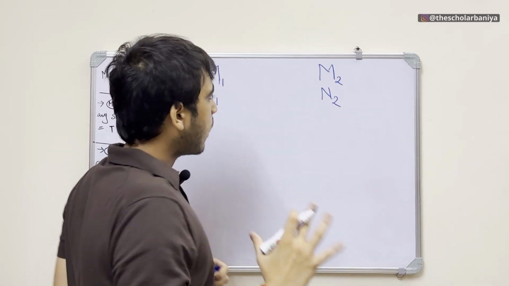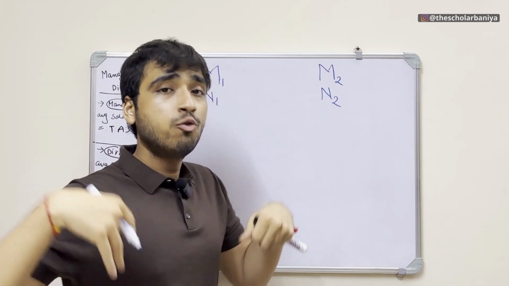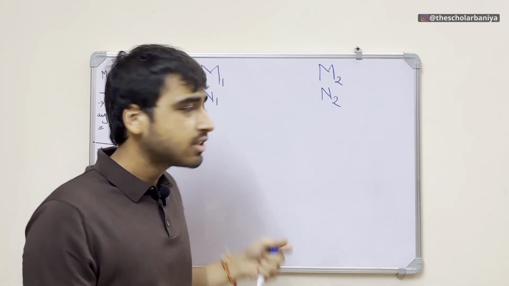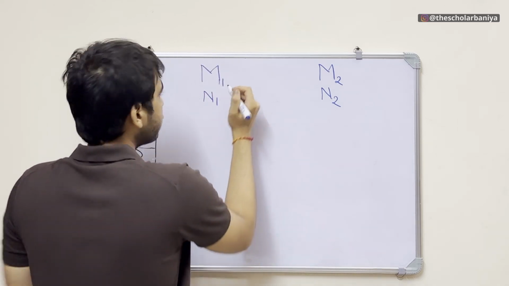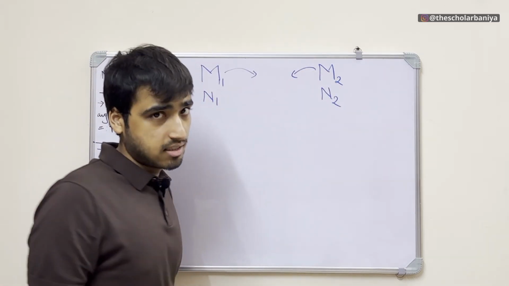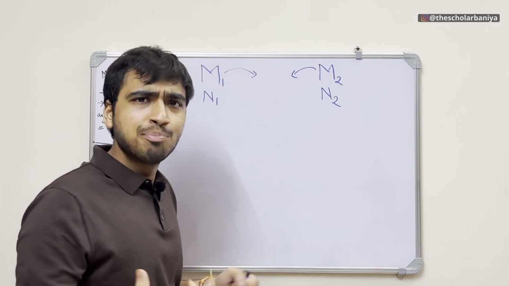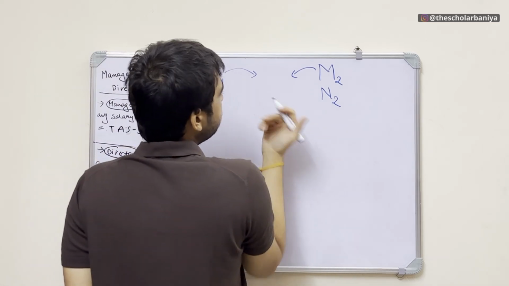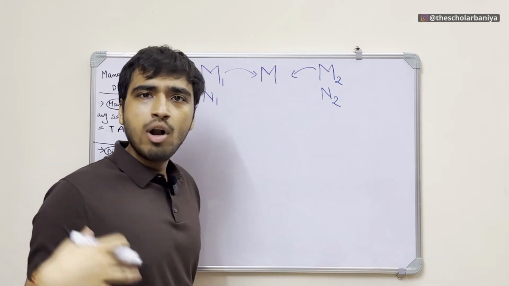Okay, now what we do is that we combine group 1 and group 2 to form a new group which consists of n1 plus n2 objects, obviously, right? So we combine this and we combine this, and we form a new group. Let's suppose its mean is m. We don't know what the mean is, so we are assuming the mean is something called m.